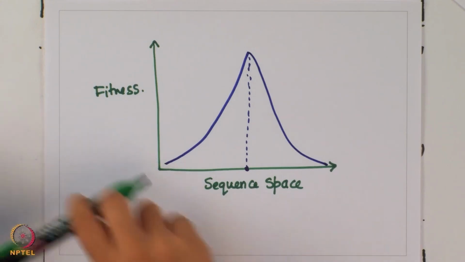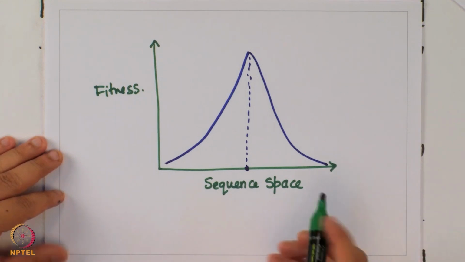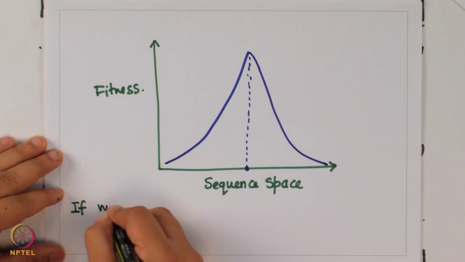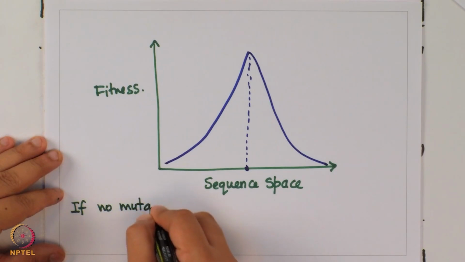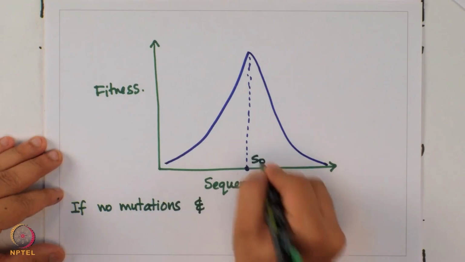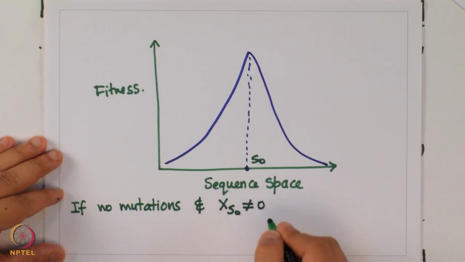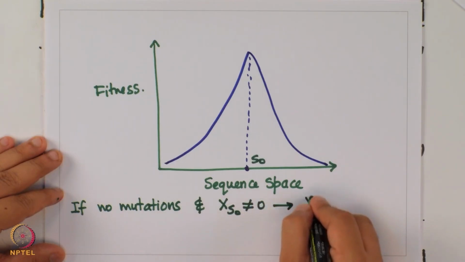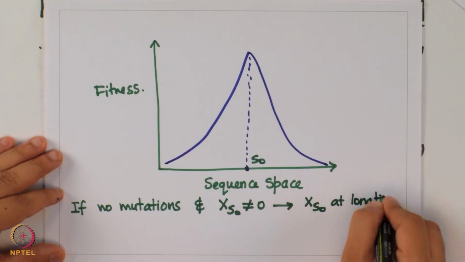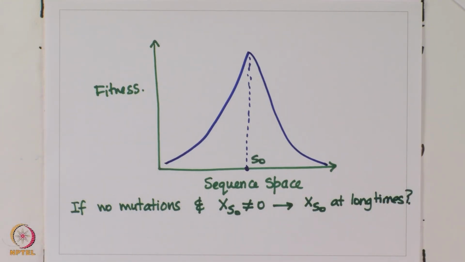The question is that if we were to start anywhere, and if there were no mutations, and let us call this sequence S0, and the x corresponding to S0 was not equal to 0, what would be x of S0 at long times? That is the question that we want to start this discussion with.